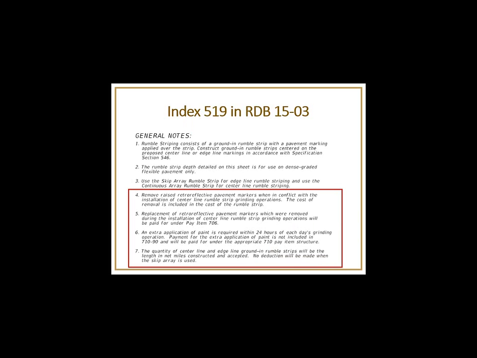And actually, the 4 notes at the bottom of the 519 that was in the bulletin have been deleted. We've been working on some specification changes, and those specification changes now allow us to delete those last 4 notes.